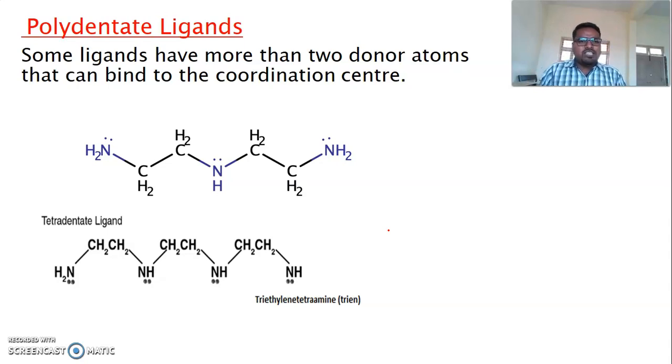Next, polydentate ligand. The ligand which can form more than 2 coordination bonds with the central metal ion is called a polydentate ligand. Polydentate ligands are further classified as tri, tetra, penta and hexadentate ligands. This is a tridentate ligand.